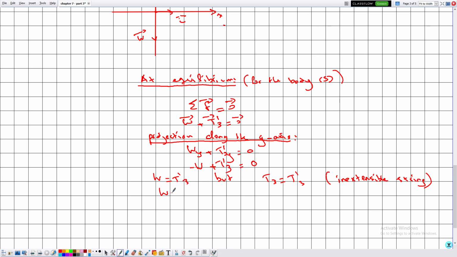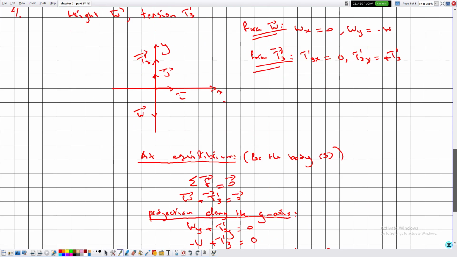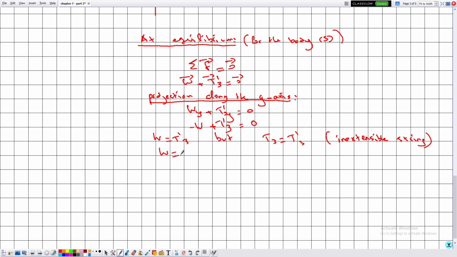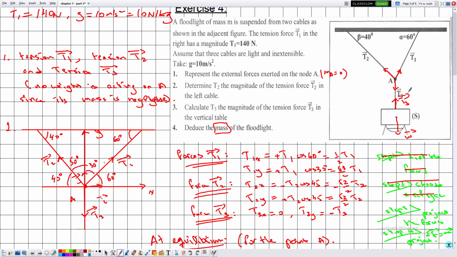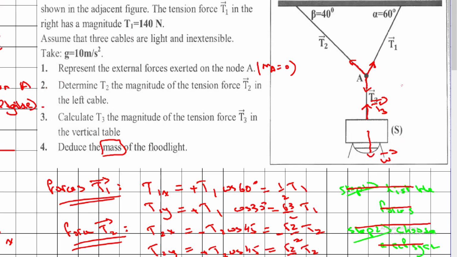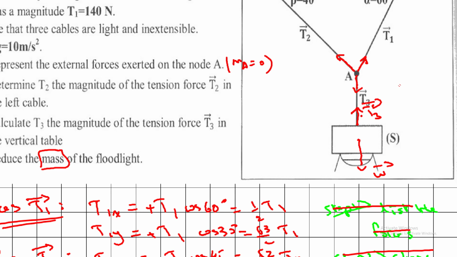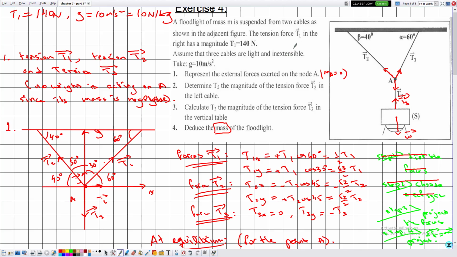So in this case, the value of W is simply given by 191.25 newtons. If we refer back, this is T prime 3 and this is T3. They are equal in magnitude because the string, as they have mentioned, is light and inextensible.